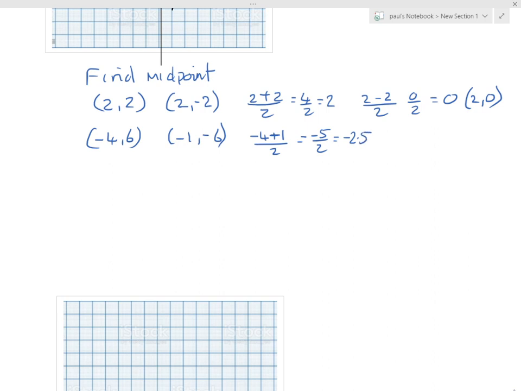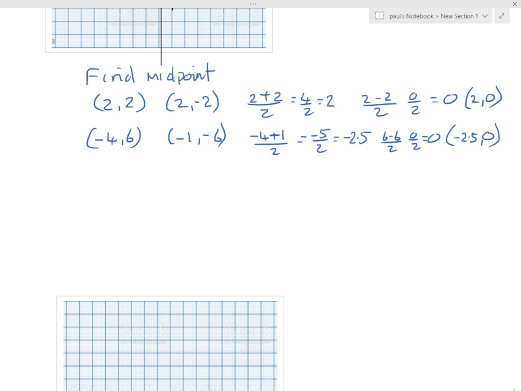And that's our x value. And the y values are these two numbers, 6 minus 6 over 2, which is nothing over 2, which again equals 0. So the midpoint is going to be minus 2.5, comma 0.